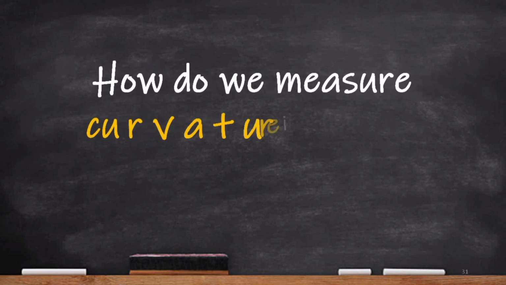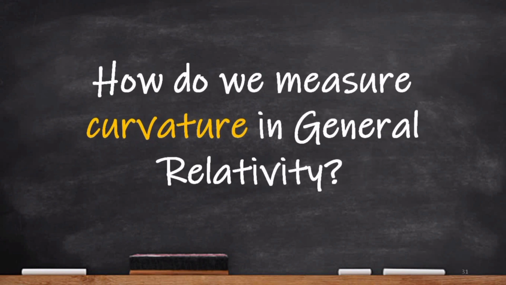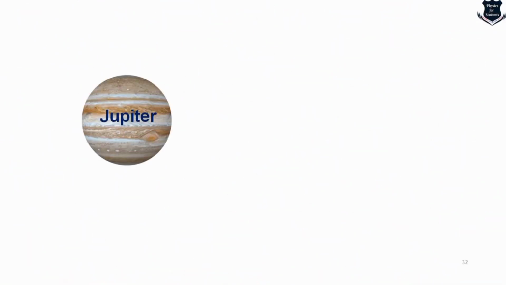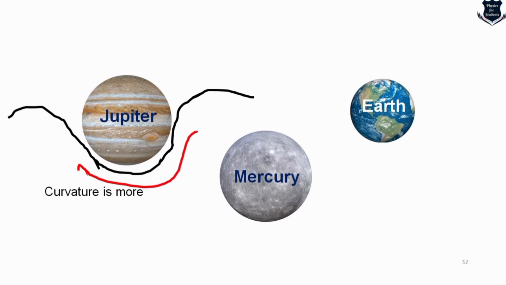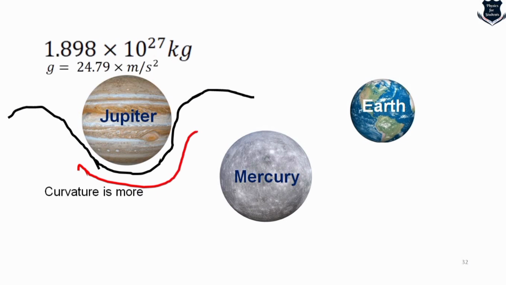So we now understand that we need tensors, but how do we measure curvature in general relativity? A nice analogy is that we have the planet Jupiter, Earth and Mercury. We all know that Jupiter, being the heaviest and the biggest planet, has more of a dent, more curvature. You can see this in the weight and the gravitational acceleration.